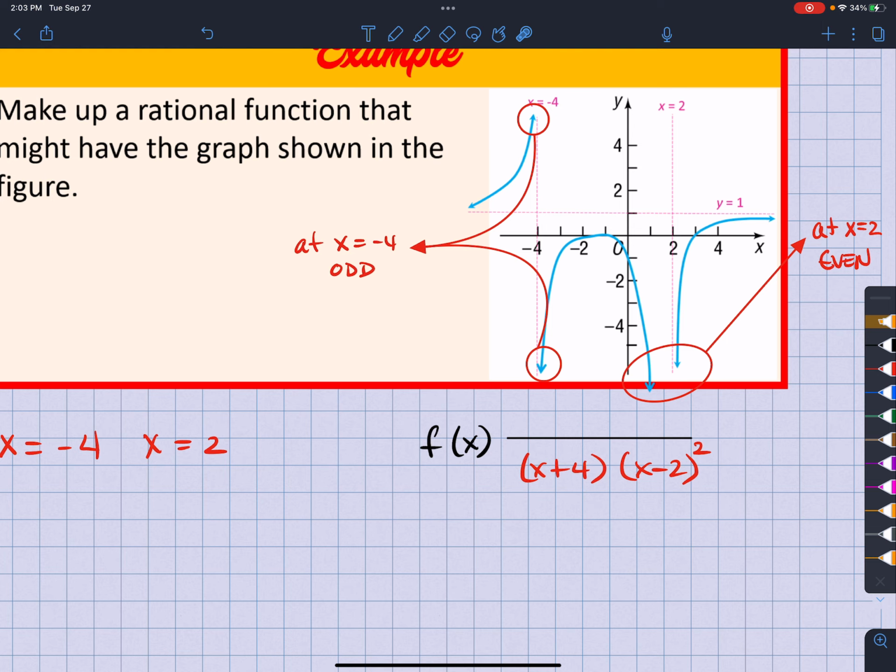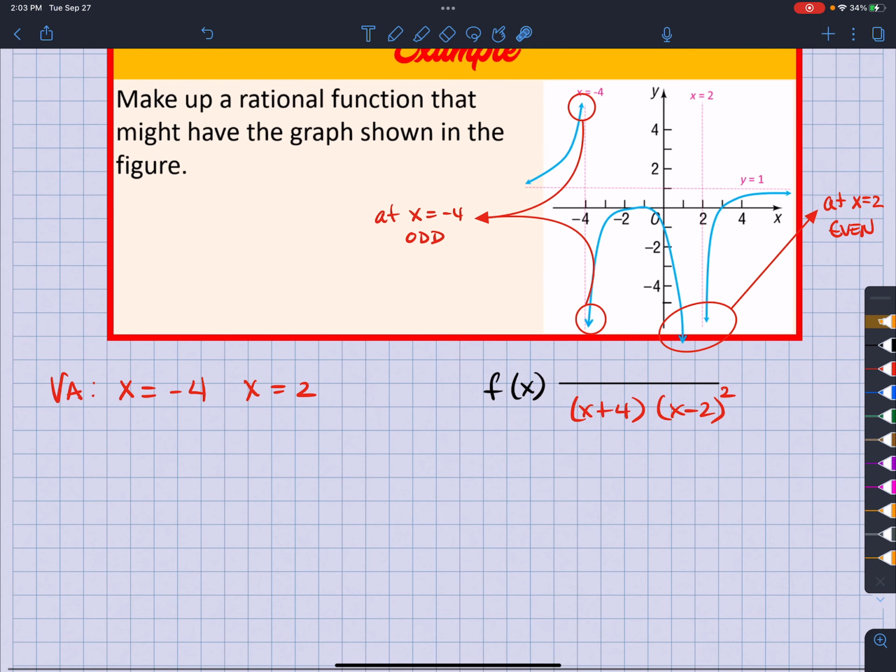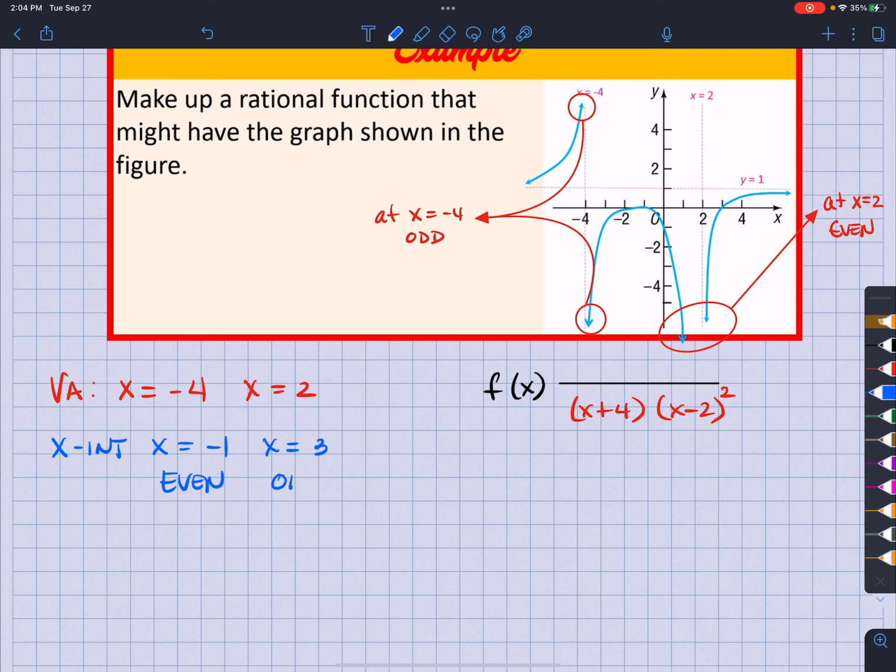Okay? Great. What else do I know? I know the x-intercepts, right? It is at x equals -1 and x equals 3, right? And at x equals -1, it's going to be even multiplicity. And at 3, it's going to be odd because it goes through it. And at -1, it bounces right off of it.